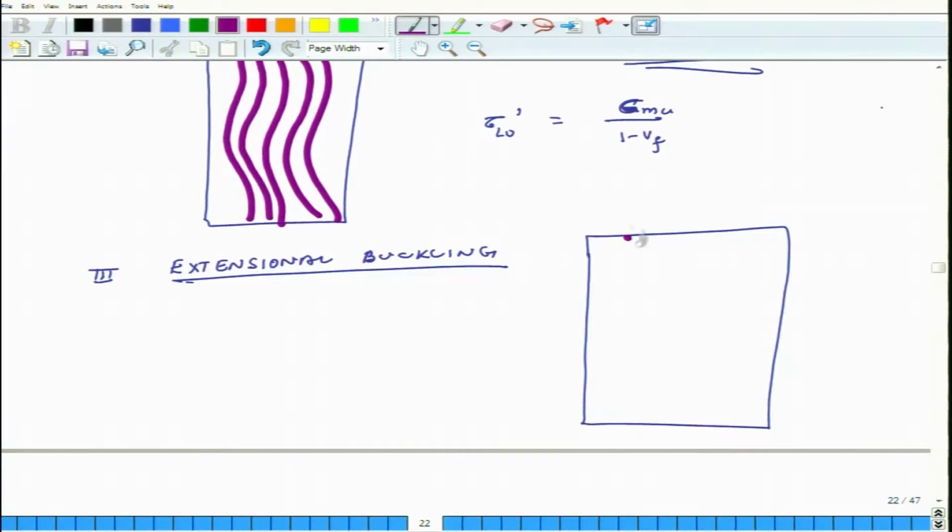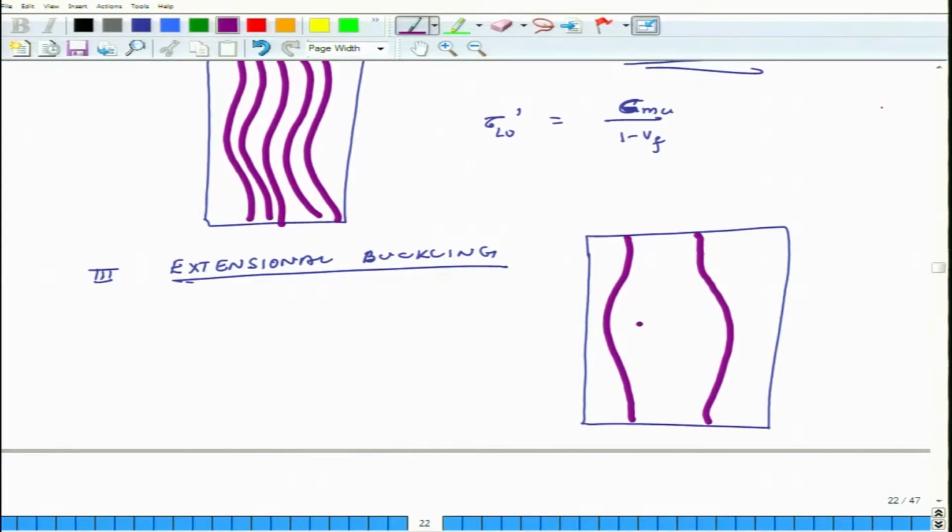So, suppose this fiber bends like this, there is no reason the next fiber, which may be far from it, has to bend in the same direction. It can bend like this. So, this type of pattern emerges.